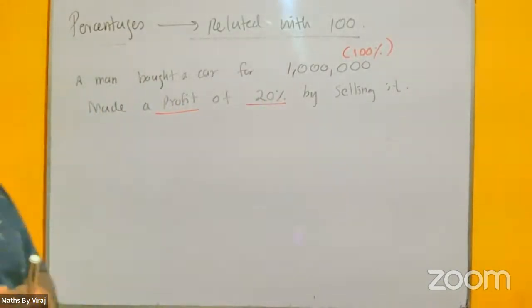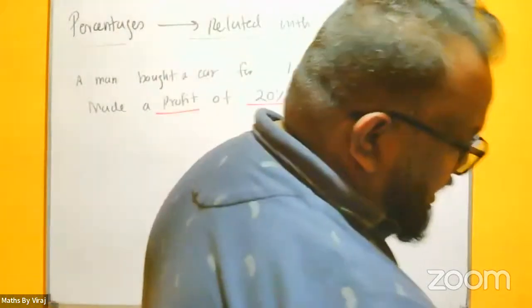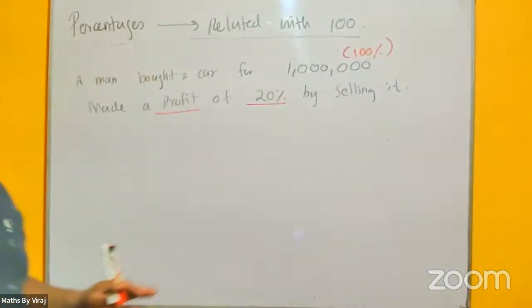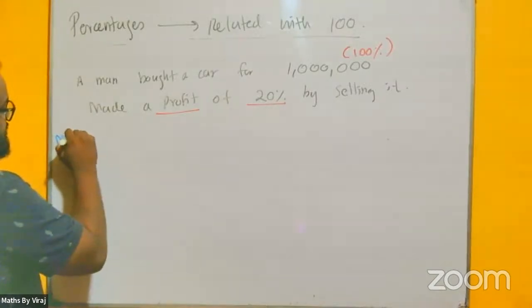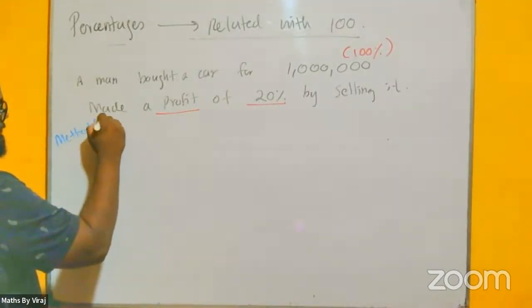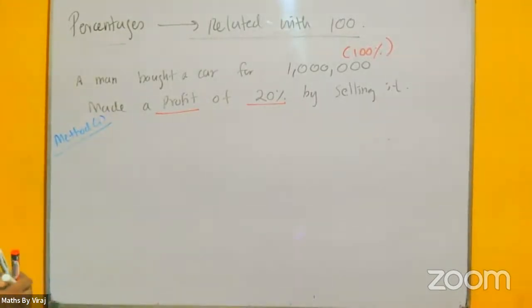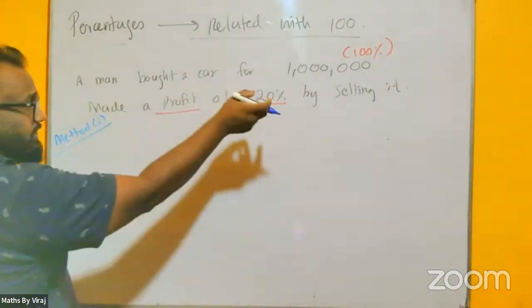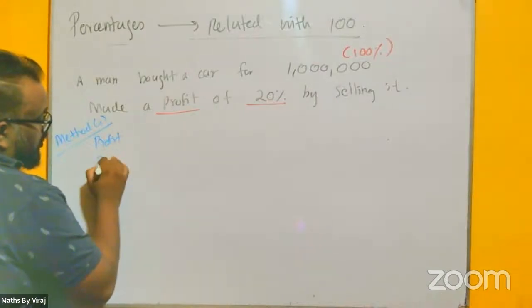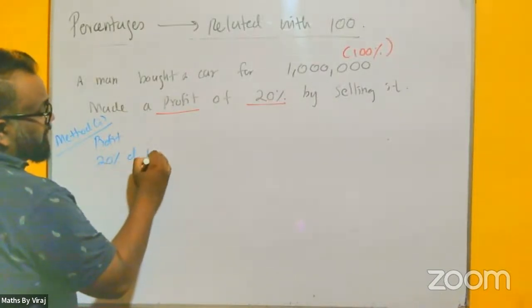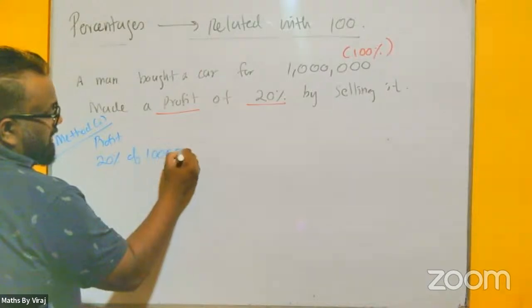This calculation can be done in two different ways, children. This is just a rough idea I'm giving you, because I have not even started the textbook yet. There are two ways with which you can do the sum. What is method one? I can calculate the profit first. What is the profit? 20% of 1 million.